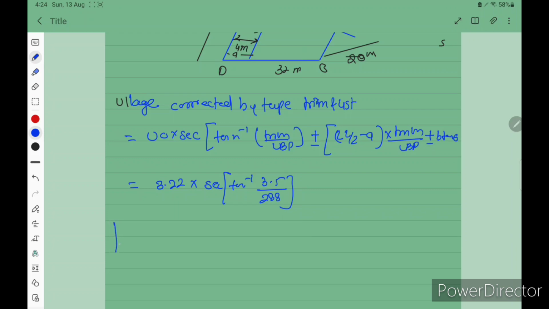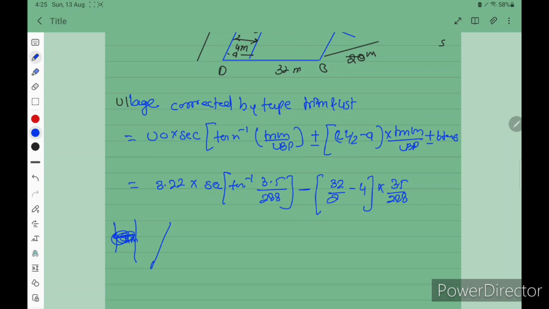That means this is the aft bulkhead, so 4 meter forward of the aft bulkhead. So it is behind only, and your vessel is down by head. It is only in the location of aft, so it is opposite, so it will be the sign minus. So length is 32, given in the question, divided by 2 minus A, which is 4 meters, into trim 3.5 divided by 288 LBP.